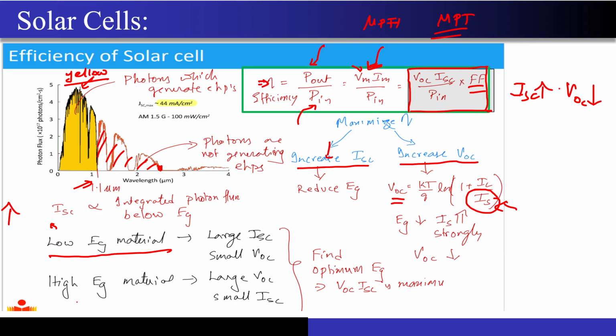And if I take a higher Eg material, it will lower down the value of the reverse saturation current. That means my VOC will increase. But this happened because of taking the higher Eg material.